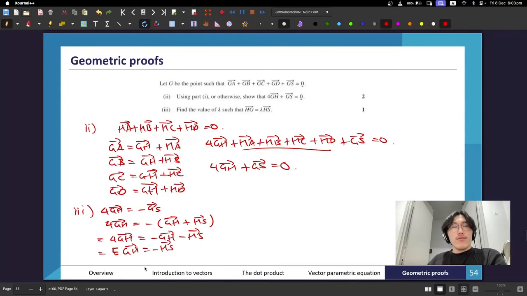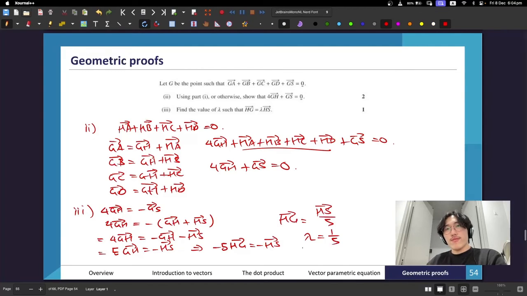And then if we flipped GH to become HG, this would become negative 5HG equals negative HS. And then lambda would be found by dividing this over, and therefore lambda equals 1/5.